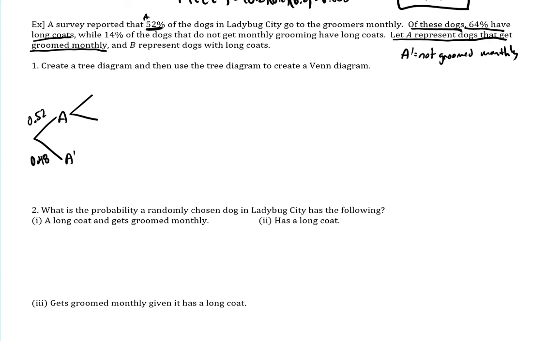The long coats, they said, is B. B represents long coats, which means let's go ahead and write it right underneath also. We want its complement set up with it. If B represents dogs with long coats, the complement would be dogs with not long coats, or short coats. Let's just say it like that, dogs with short coats.